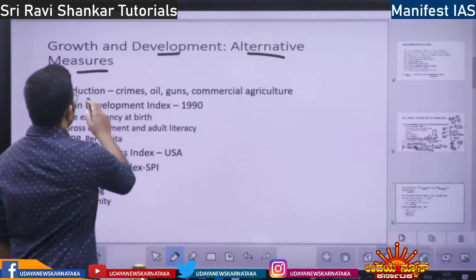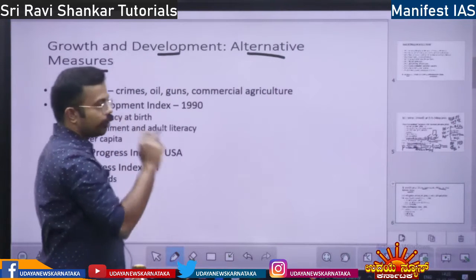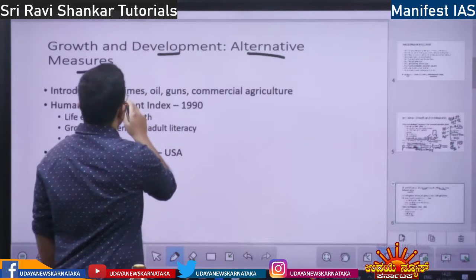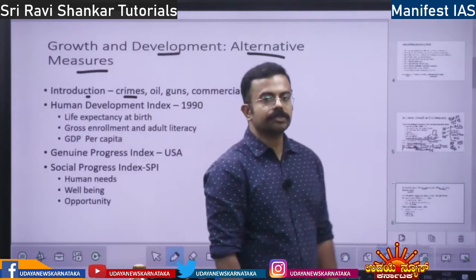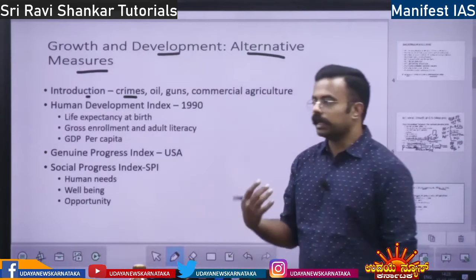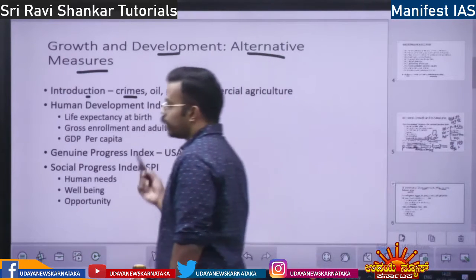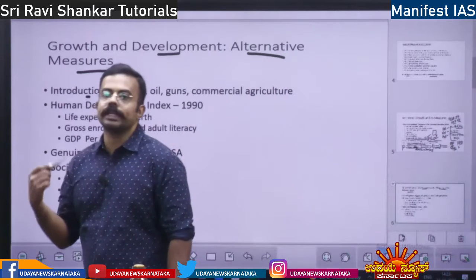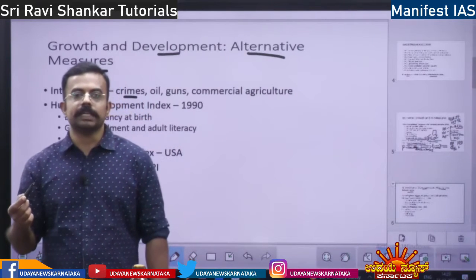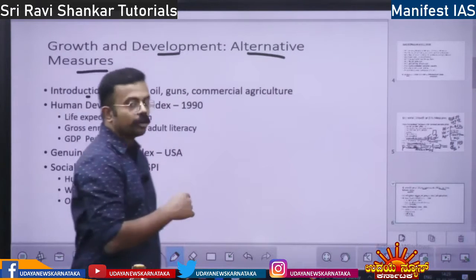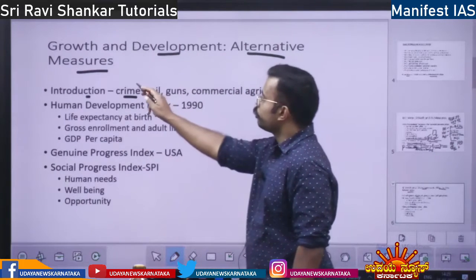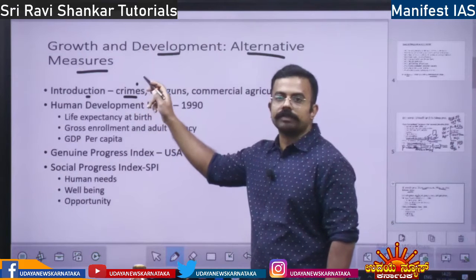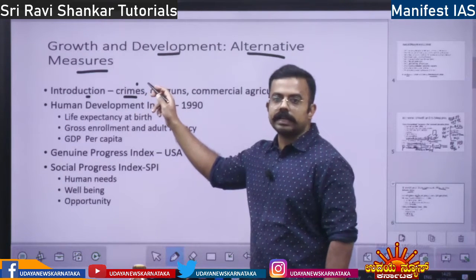So one of the drawbacks of GDP is crime. Suppose there is high crime in the society, killings, robberies, all those things. Then the government will invest more in law and order, police machinery. That will boost the economy, right? When there is crime, the government will invest in guns and police, with more salary.